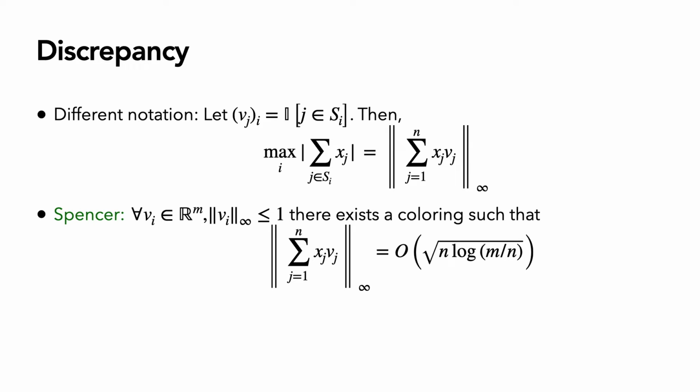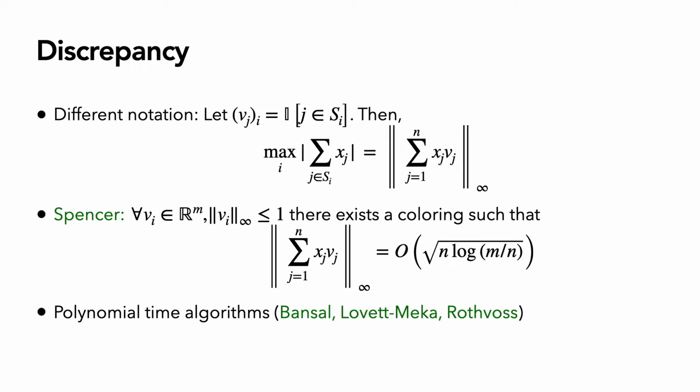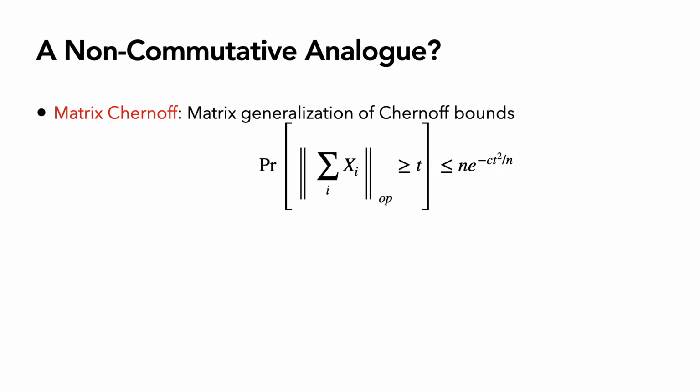Spencer's theorem now states that for any vectors bounded in infinity norm, there is a signing such that the signed sum is bounded in infinity norm by order of square root of n log(m/n). There has been a recent elegant set of algorithms making these signings constructive. The main question at the core of our work is whether this has a non-commutative analog.